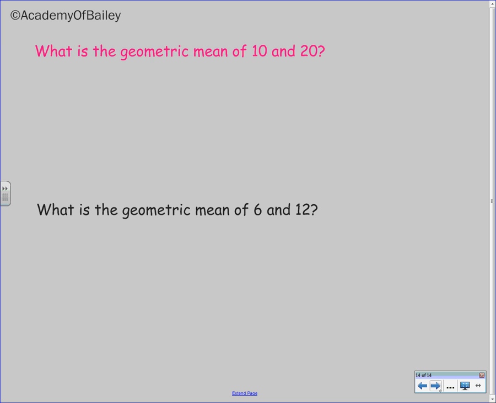I have 2 problems here I would like you to try on your own. You work those out, try those, and then check your solution with mine. 10 over x is equal to x over 20. Let's multiply. 200 is equal to x squared.